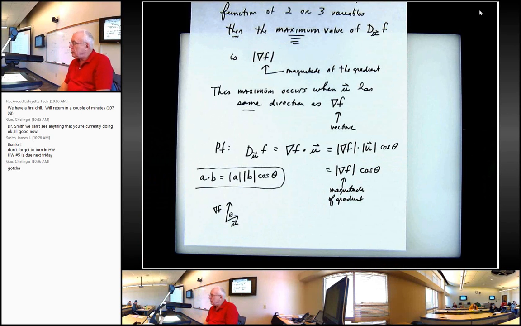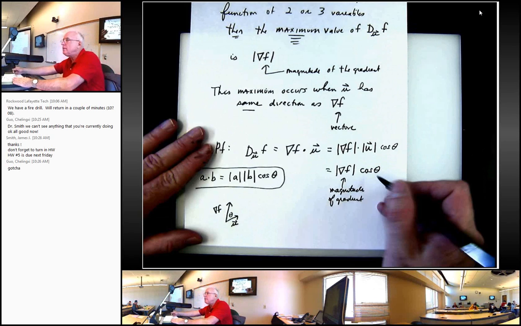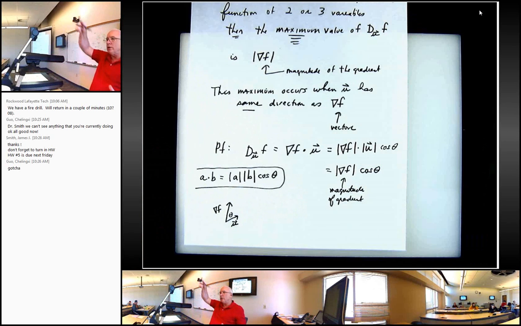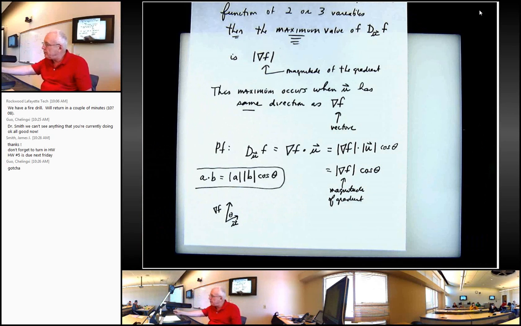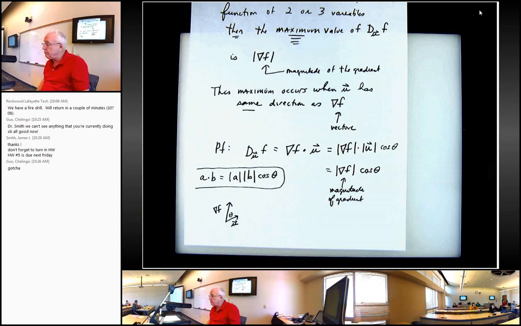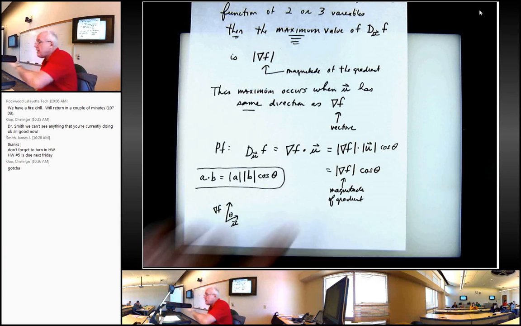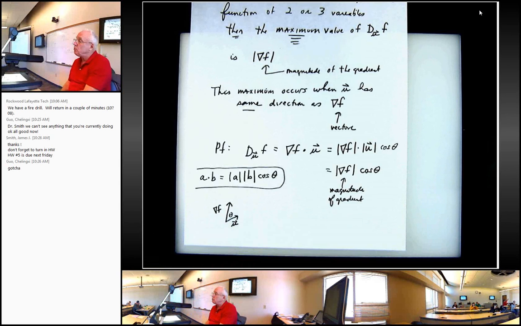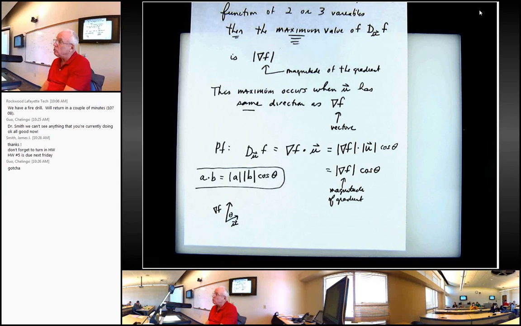So really, the only thing that varies here as we're going around different directions is this angle theta as we go different ways. Well, cosine of theta. First of all, what do we know about the cosine? That it can't be bigger than 1 and it can't be less than negative 1. It goes between -1 and 1. So we know the biggest value that this can have is when the cosine of theta is equal to 1.